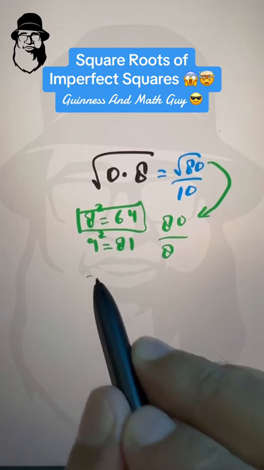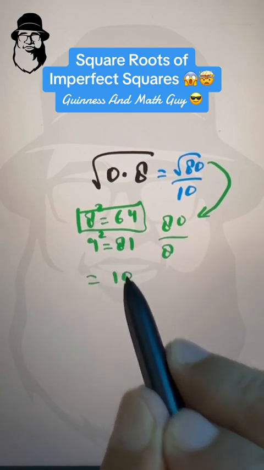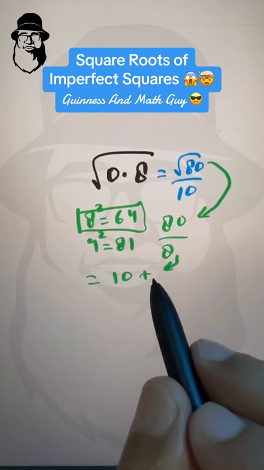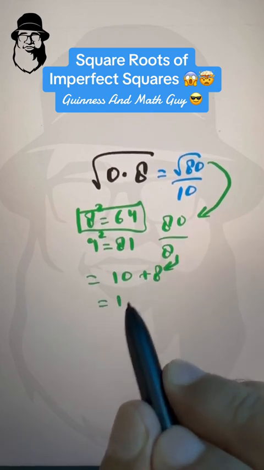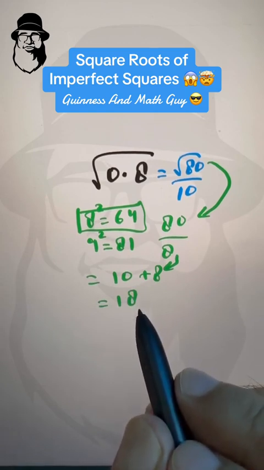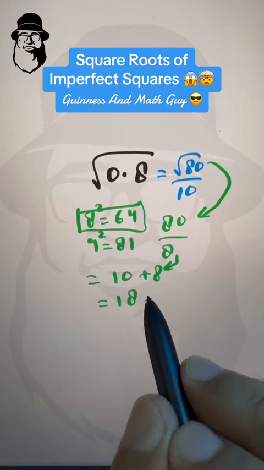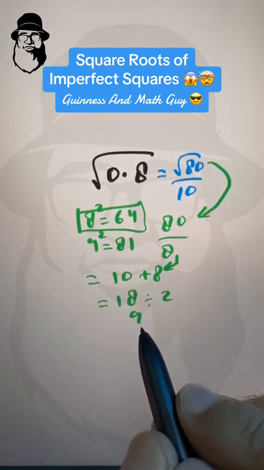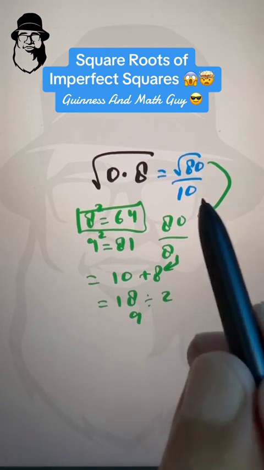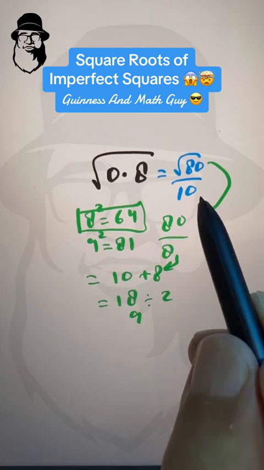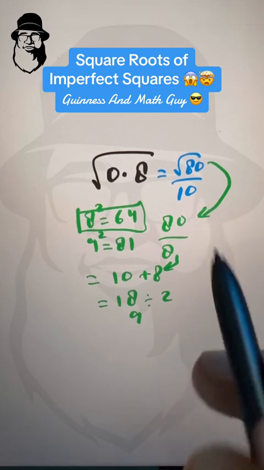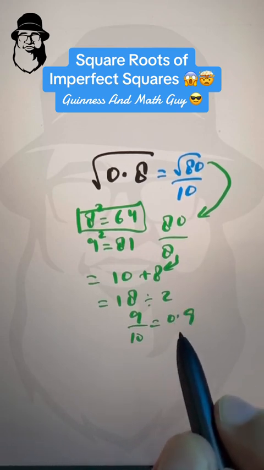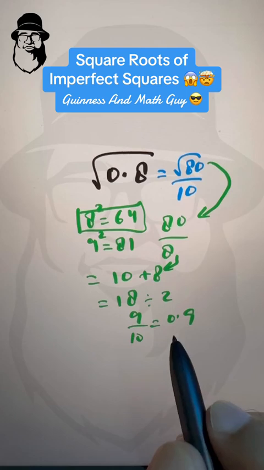That will be 8 times 10 is 80. Then we add to it this again. It will become 18, and the last step is divide by 2 to get 9. And we have 9 as the answer, and we'll divide it by 10 here to get 0.9, and that's our approximate answer.